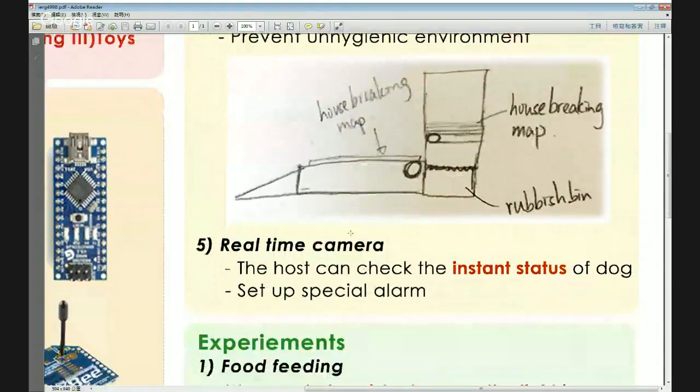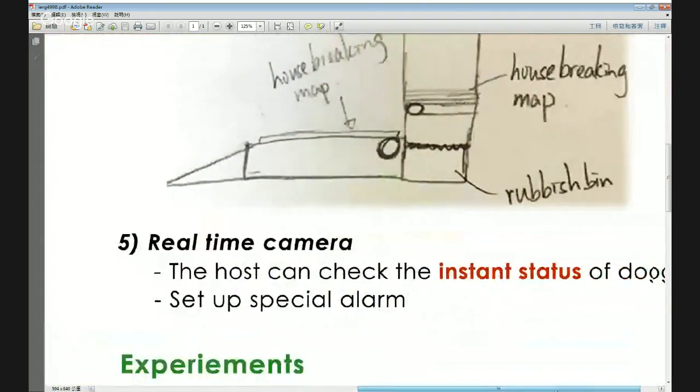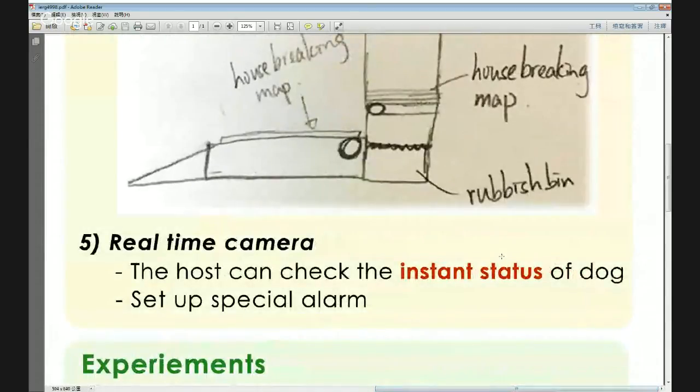And the fifth part is a real-time camera. One of the concerns of dog owners is that they don't know what happens to the dog when they are away. To solve the problem, in this project, we will offer a real-time camera installed in a suitable place.